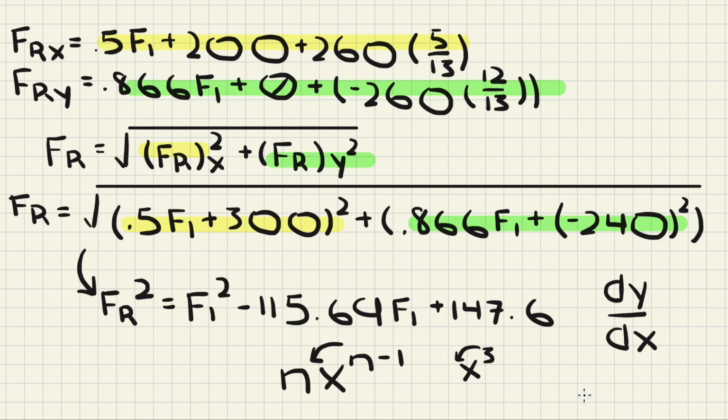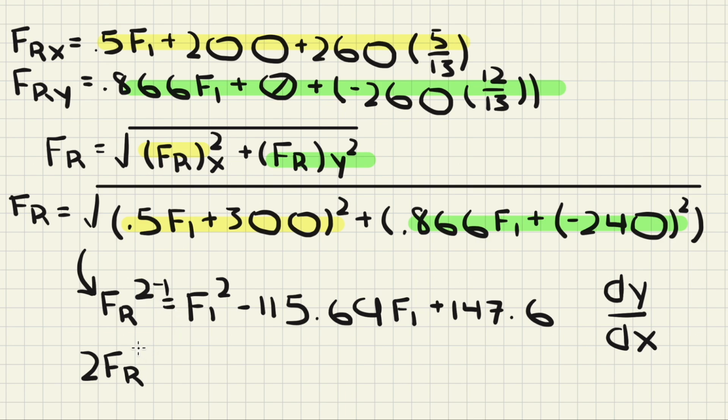So given that, we can easily find the derivative of this equation. So the derivative is going to be, we have 2 here in the exponent, so we're going to multiply that down to get 2 FR, and then minus 1, so it's just the power of 1, so we can leave that. And then we're taking the derivative of this part, so I'm going to write dfr over df1.